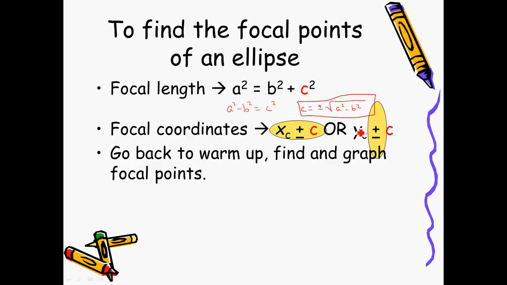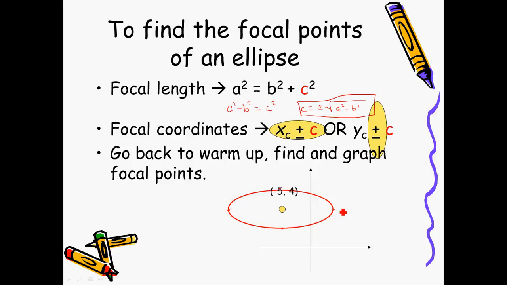So let's go back to your warm-up and find and graph the focal points. So this was our warm-up, right? So open up your warm-up back again. We had graphed negative 5, 4, and we had the vertices and the co-vertices. Right?